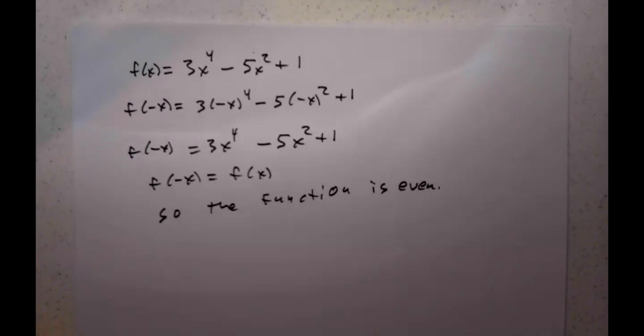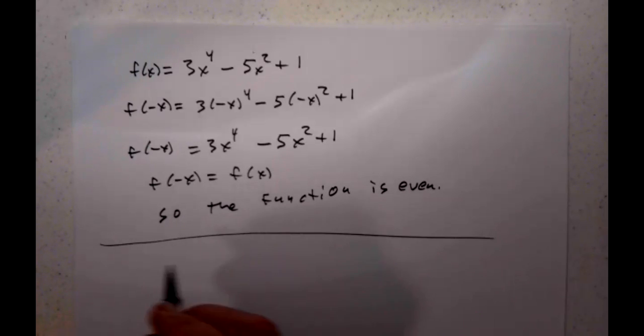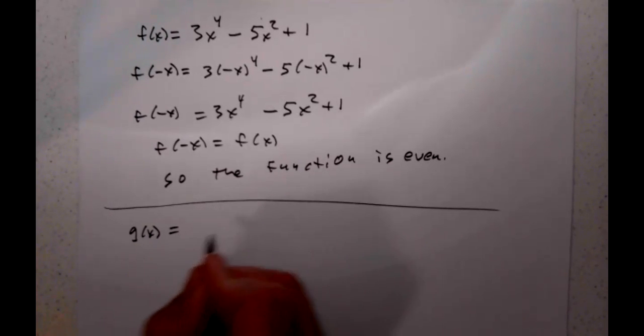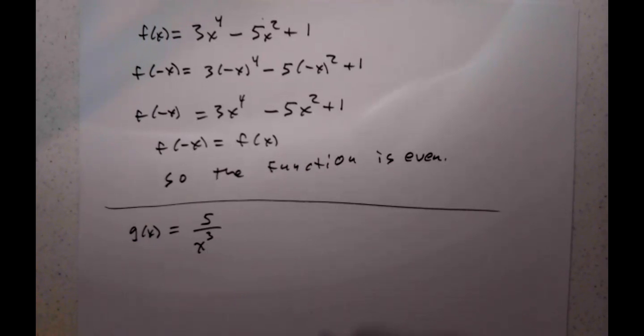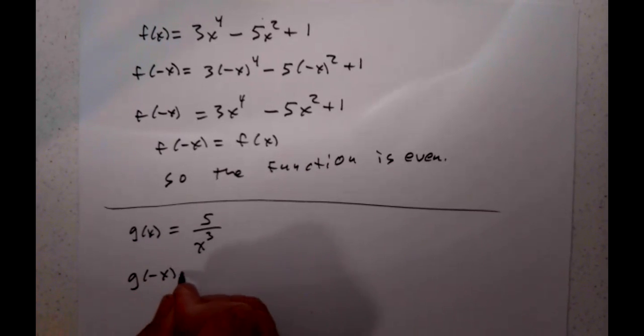All right, the next question we had was g of x is 5 over x to the 3rd power. So we're going to plug in negative x for x. So what is g of negative x?